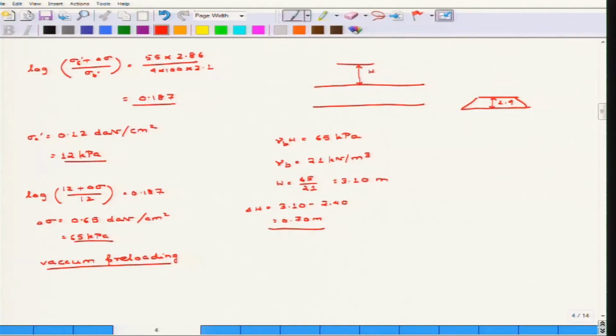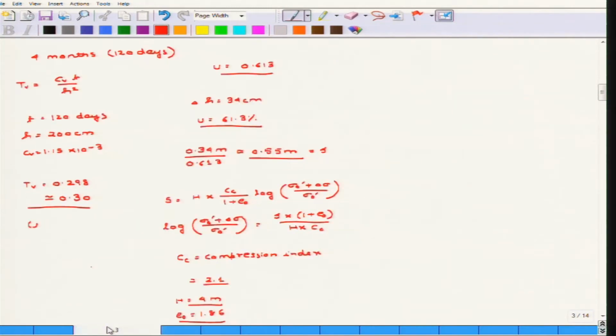In this case, the process of pre-consolidation, or applying a surcharge in order to achieve the desired consolidation, is programmed. A surcharge of 70 centimeter, if you keep it for a period of 4 months and then remove it, would accelerate the settlement, and it would achieve the desired settlement of, let us say, 34 centimeter within the required time.